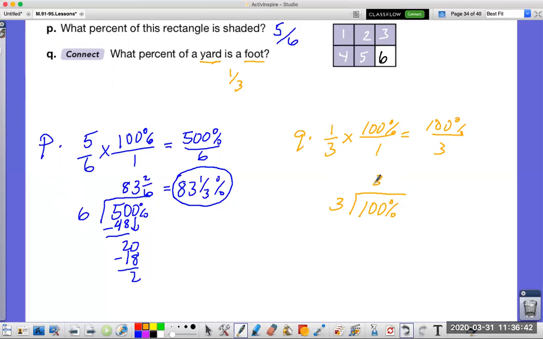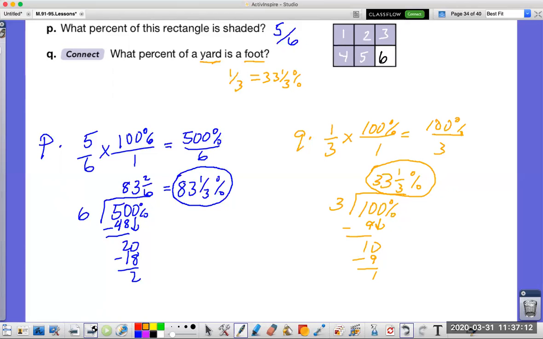And that's the same as 3 times 3, which is 9. Subtract that, I get that. Bring this down, this would be that. 10 divided by 3 is 3. And I multiply that, I get 9, and I subtract it, I get 1. 1 is the numerator, 3 is the denominator. And I throw a percent symbol on there, and I'm done. So what percent of a yard is a foot? It would be 33 1/3%.